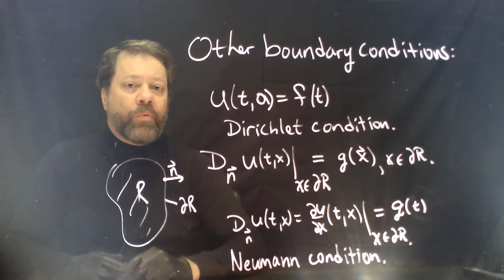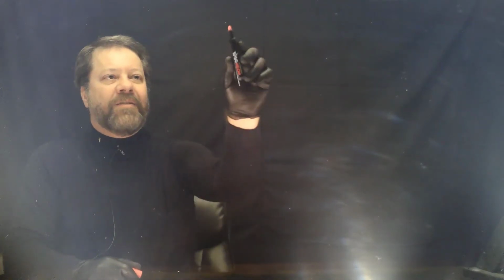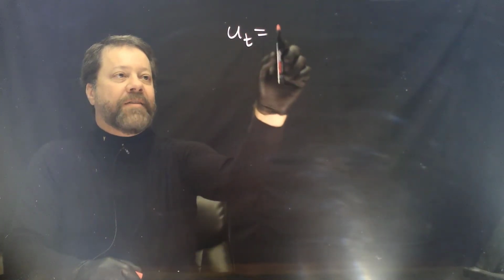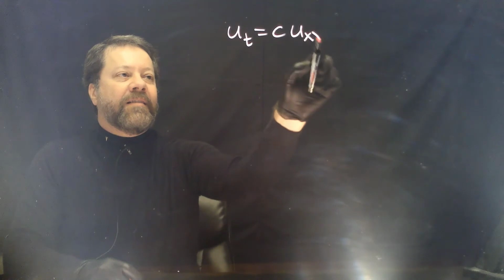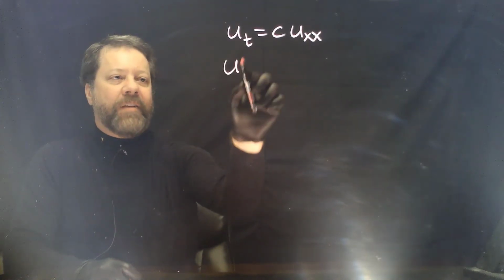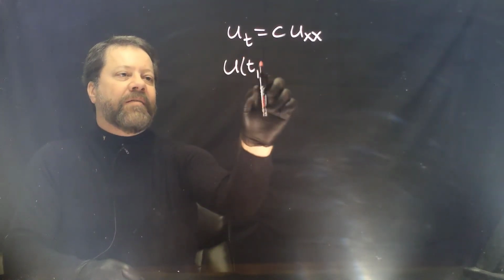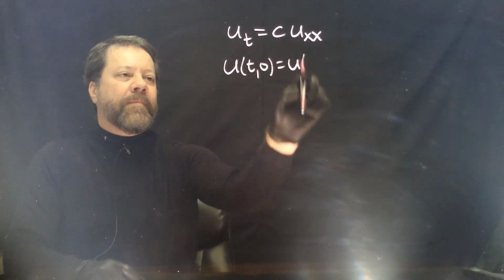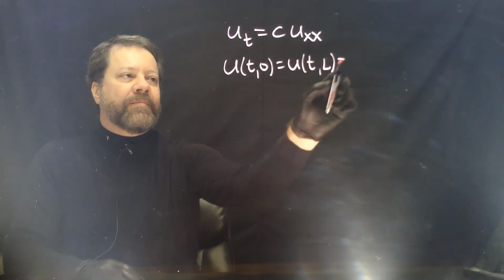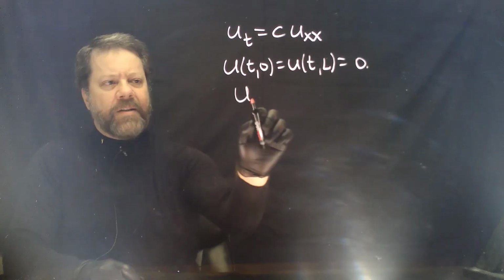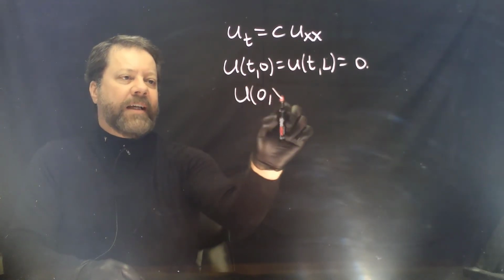Those are called Robin conditions. For now, we're going to just constrain ourselves to a simple heat equation with insulated ends and some arbitrary initial data.